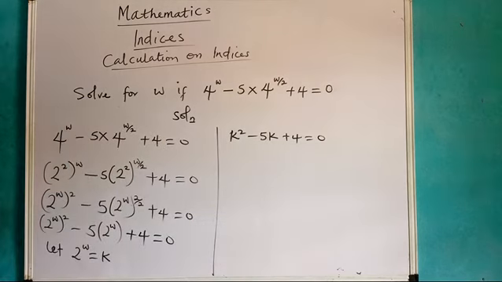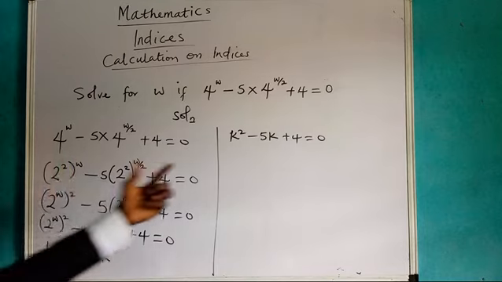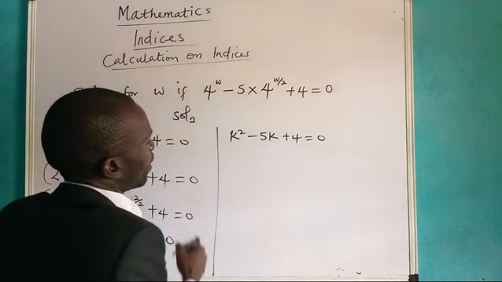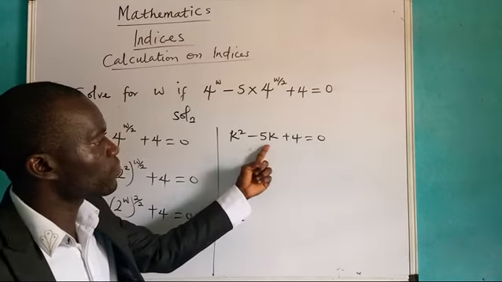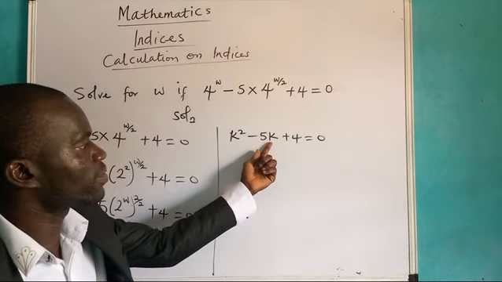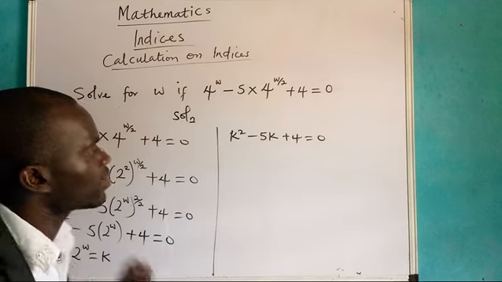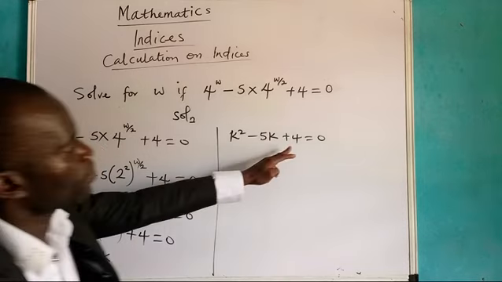Now, we have a quadratic equation. This is the standard form of a quadratic equation. We need to factorize. I need to think of 2 numbers that add up to give the coefficient of k, and when I multiply those same 2 numbers, I will have plus 4.